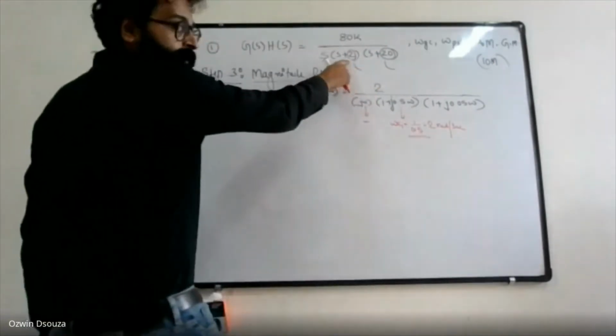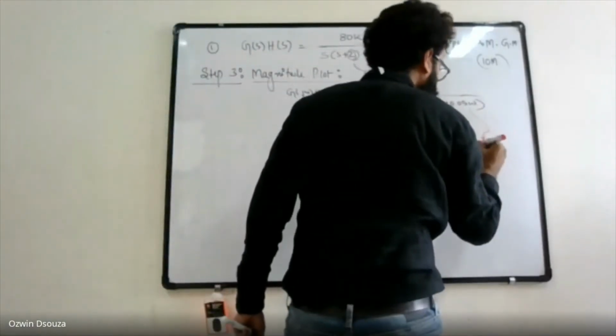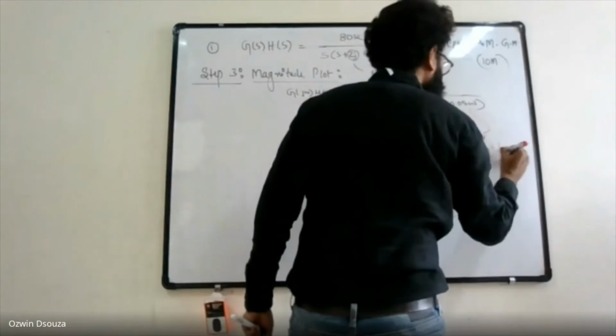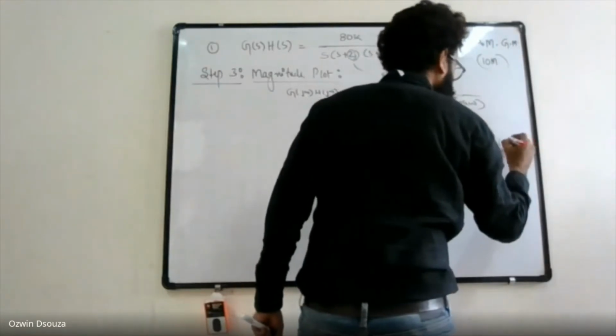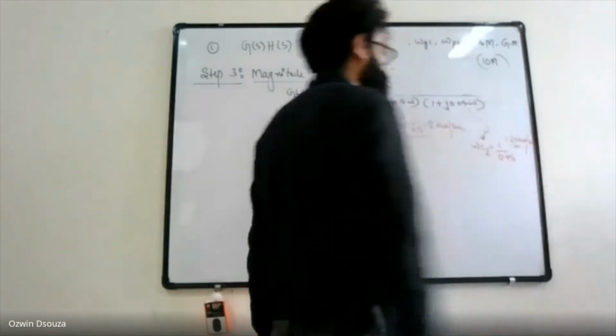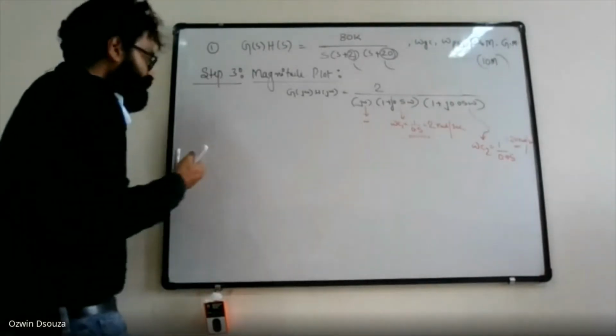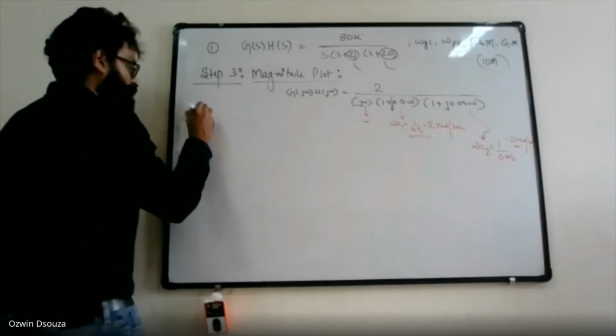Similarly, this you can take it as omega c2, which is 1 by 0.05, and that will give you 20 radian per second. Okay. So this is what you are supposed to do. Find out the corner frequency. Once you find the corner frequency, you can create the magnitude table.